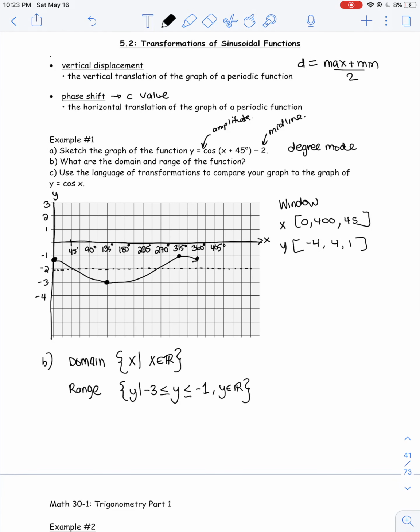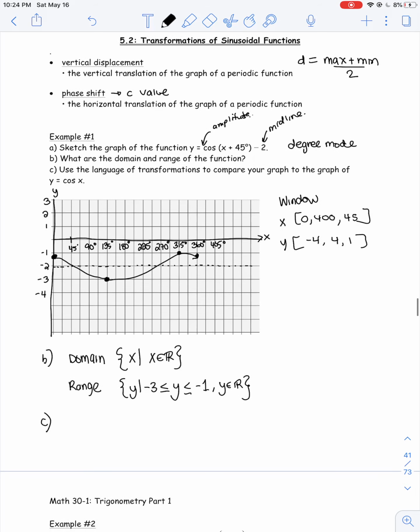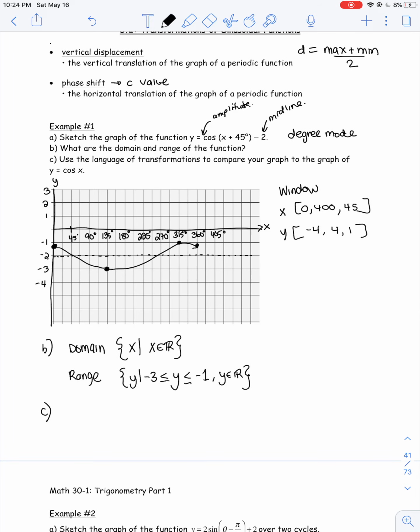And then we want to describe the transformations that are occurring. So use the language of transformations to compare your graph to the graph of y equals cos of x. Well, we know that there's no vertical stretch or horizontal stretch, but there is a vertical translation of 2 units down.